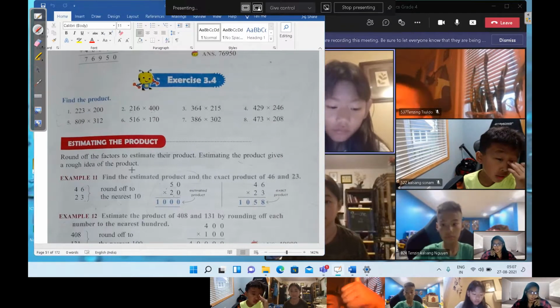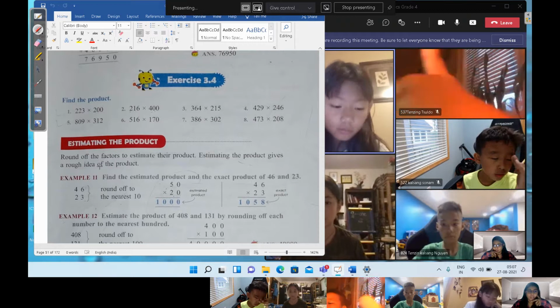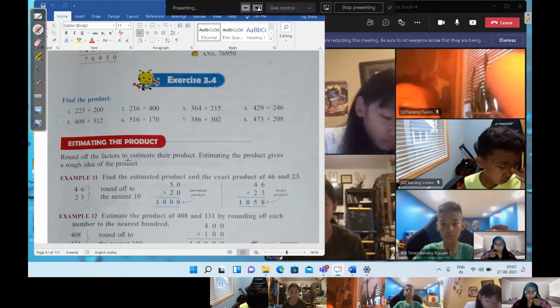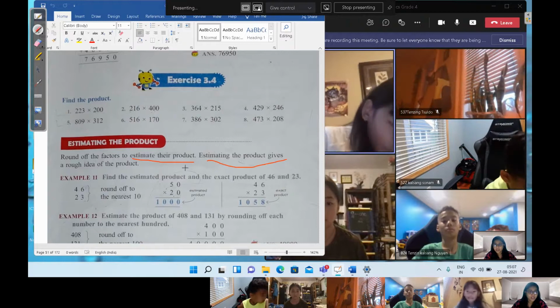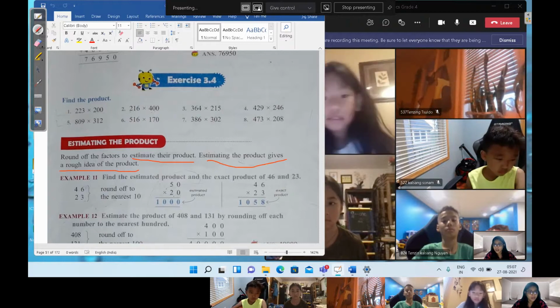So you can see here: round off the factors, then estimate their products. Estimating the products gives a rough idea of the products.